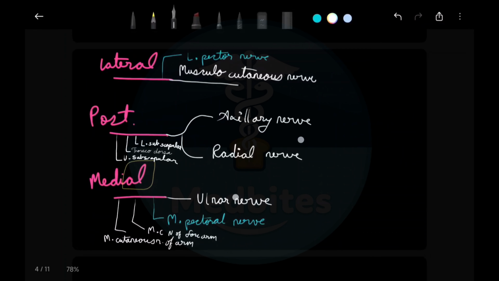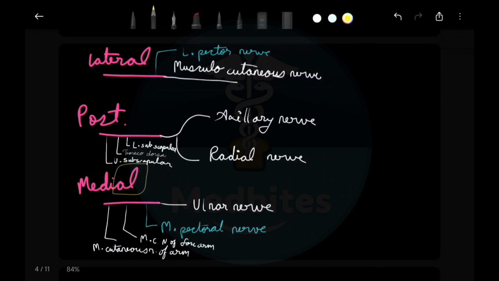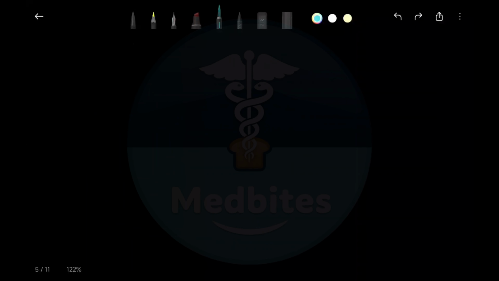These are the branches from the cords. The only ones which I have not shown in this one are the medial branch and the lateral branch of the median nerve. Rewatch this part because it is a bit confusing.